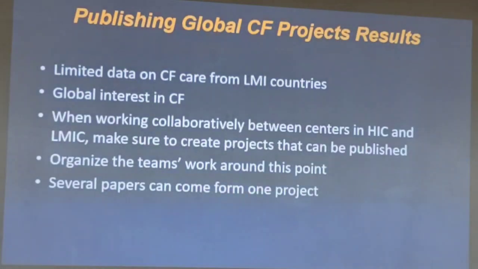Twinning is like you twin a high-income country with a low-middle-income country, and they've been doing that and built on our example of the Turkish work that we did with the University of Michigan. And the reason they knew about it is, yes, everybody told them, but it was published as well. So publication is your way for people to know what you're doing.